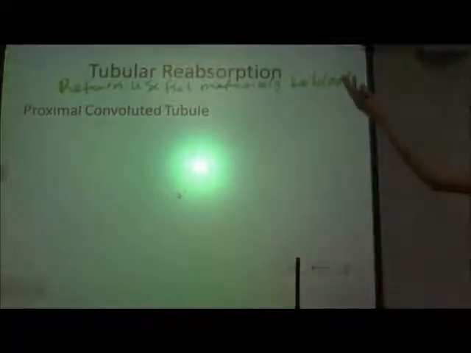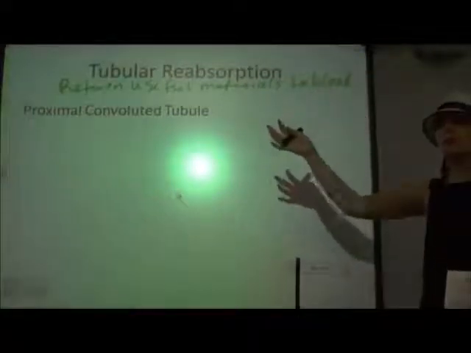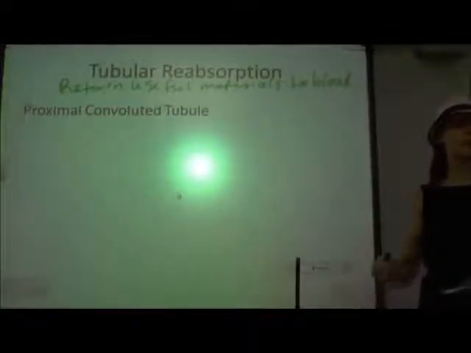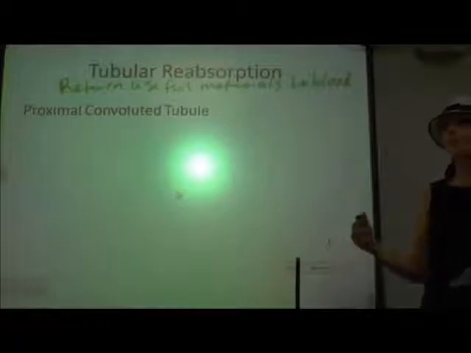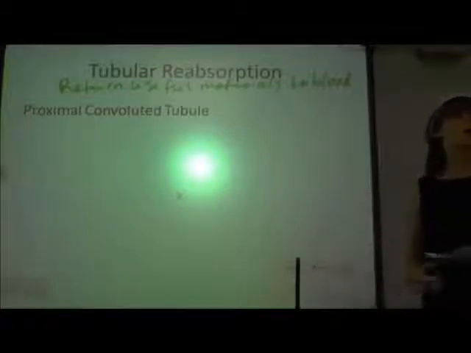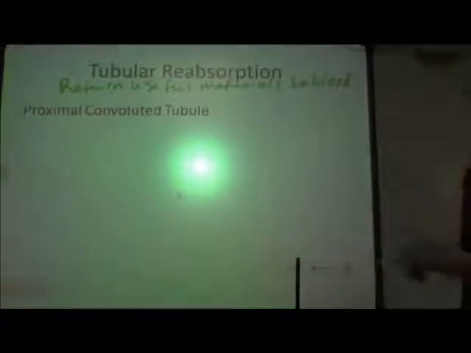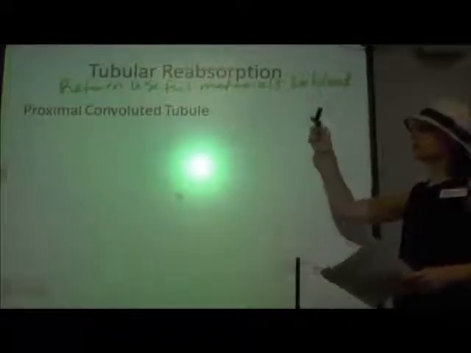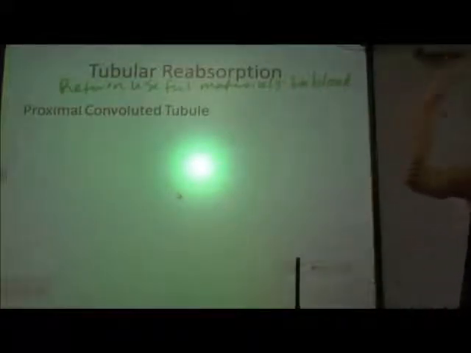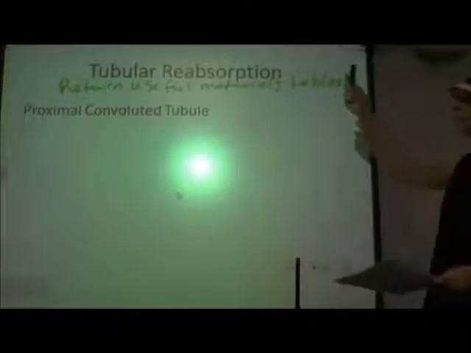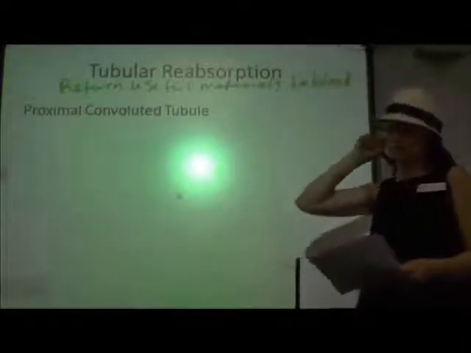It's pushing everything out. It's a passive process that's pushing plasma and all of the dissolved solutes out. There's a lot of stuff in that you need. There's glucose, amino acids, water. We're going to need some ions. So we need to be able to pull the useful things back out of that filtrate and bring it back into the blood.